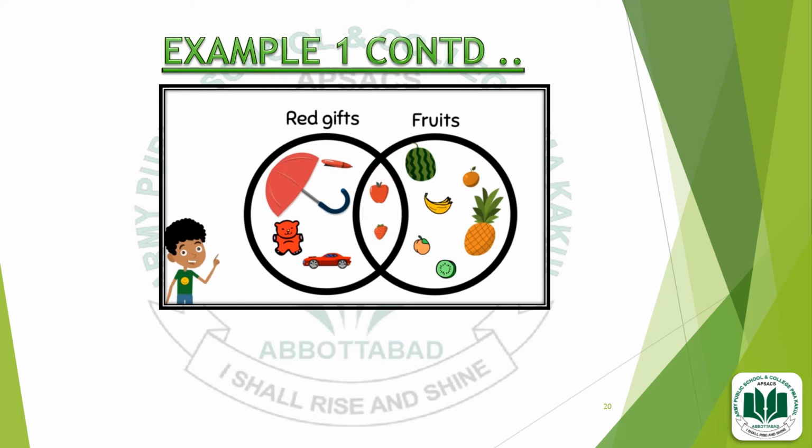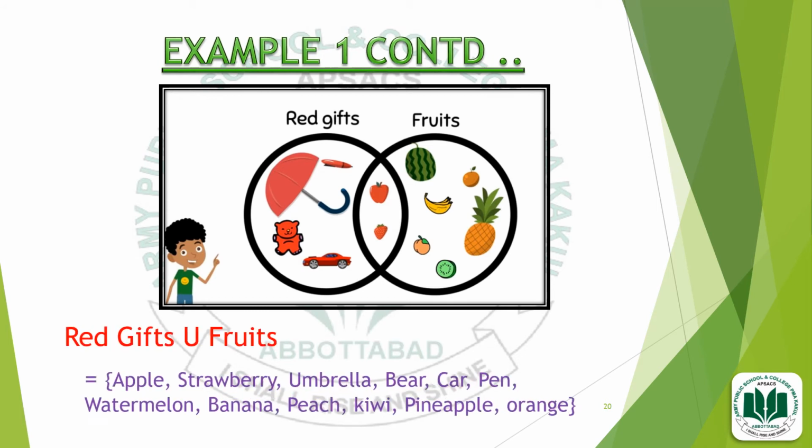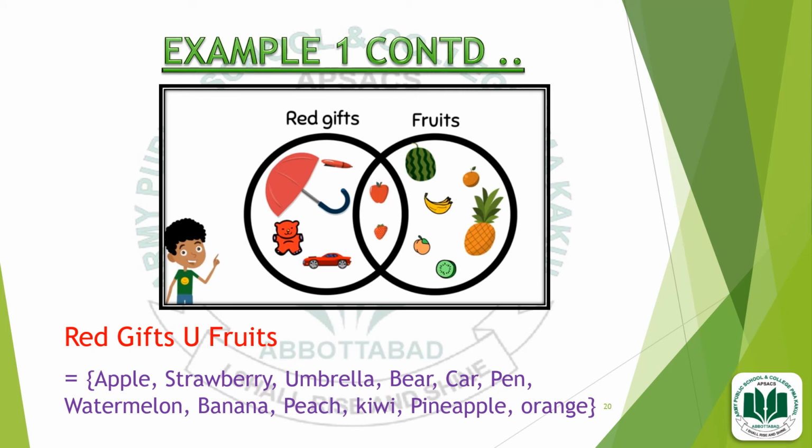If I want to find out the union, that would be the red gifts, this overlapping region, that is apple and strawberry, plus these fruits. So mathematically, I would write: red gifts union fruits equals apple, strawberry, umbrella, bear, car, pen, watermelon, banana, peach, kiwi, pineapple, and orange.